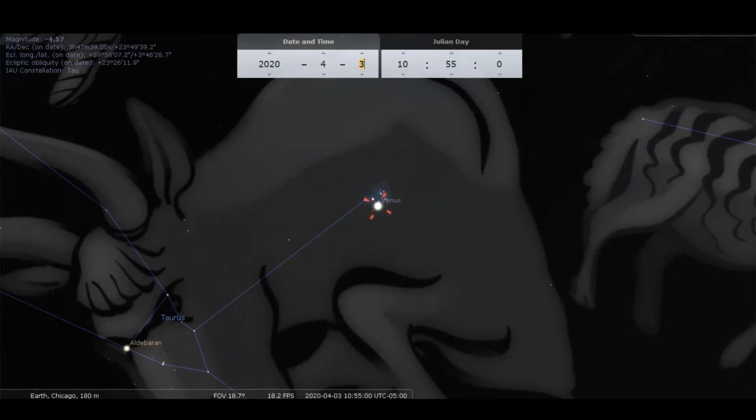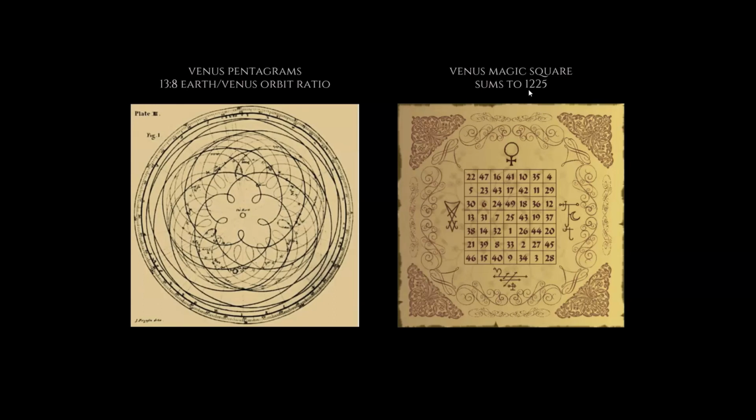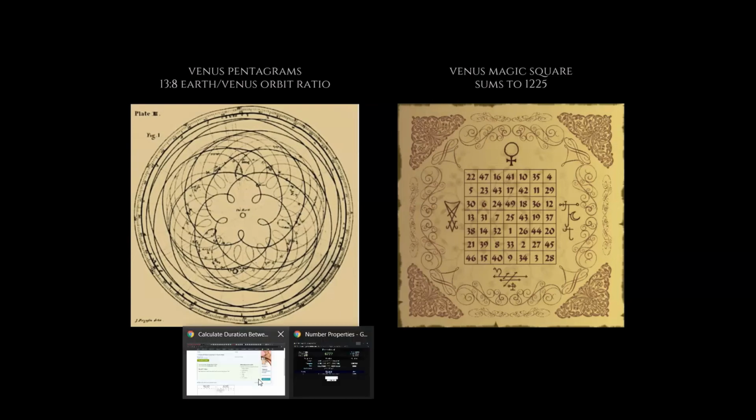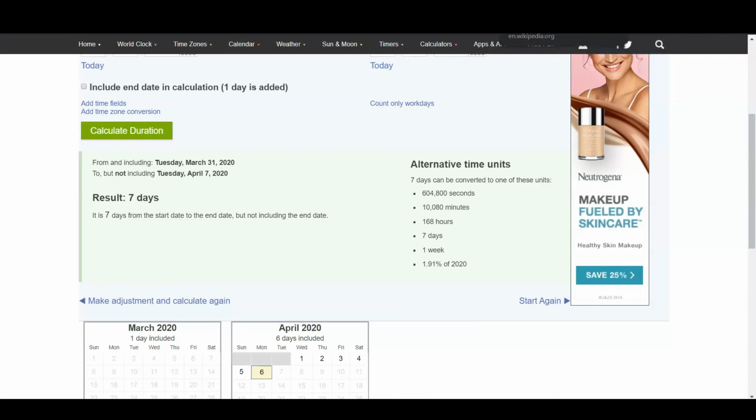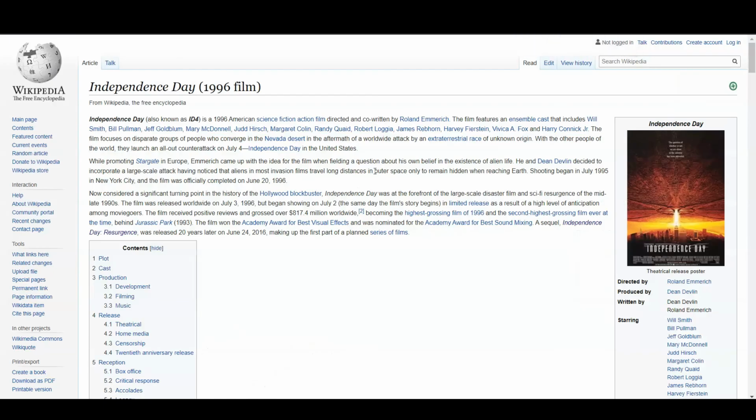So we're going to take a look at this magic square of Venus. The magic square of Venus sums to 1225. Of course, our Christmas on the Gregorian calendar is 1225. I want to take a look at some predictive programming rituals here. We're going to look at Independence Day. We're talking about the 73 as the 21st prime.